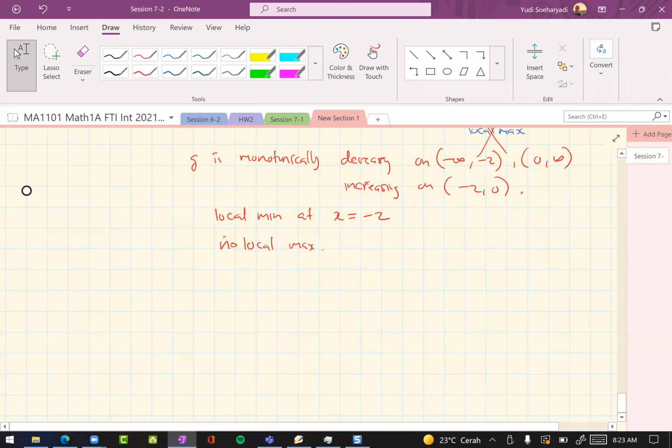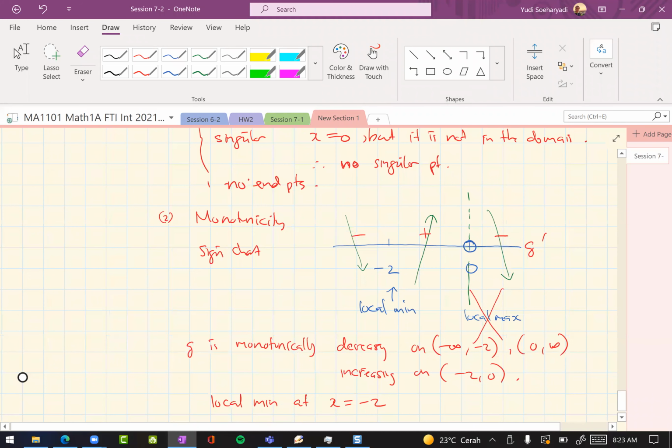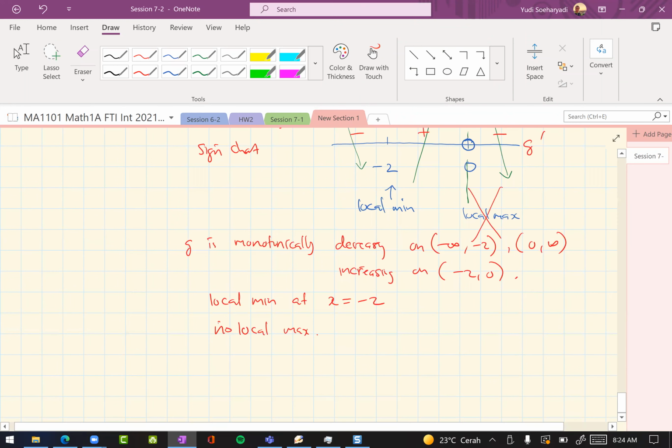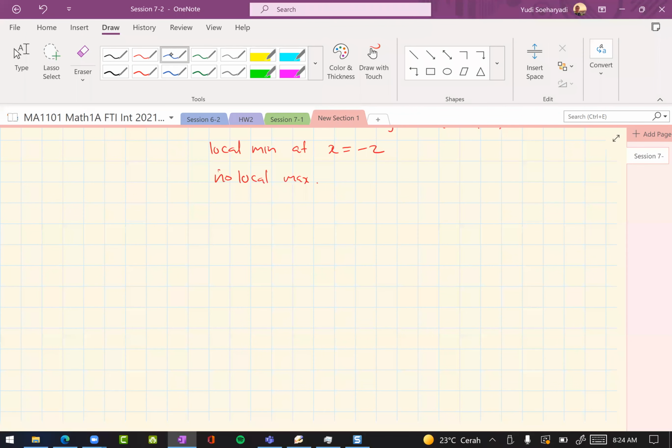All right, so you see that local min or local max can be determined using only the sign chart. Okay, so you don't need the second derivative to find the local min and local max. Questions? No questions?